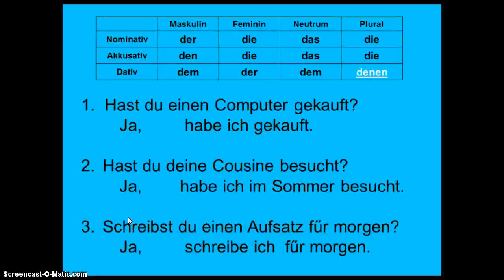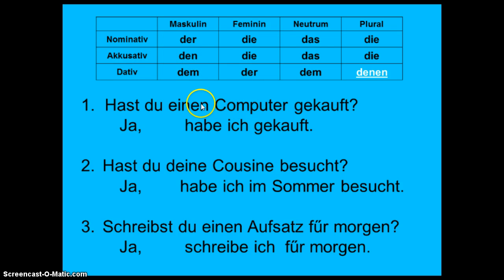Now you should give it a try. In number 1, I'm asking, hast du einen Computer gekauft? Can you figure out where I got einen from and what case that is and what gender it is? It's definitely not the subject because there's the du. So where does that ending come from? That would tell you there's really only one choice here that ends in N. It would be up here.